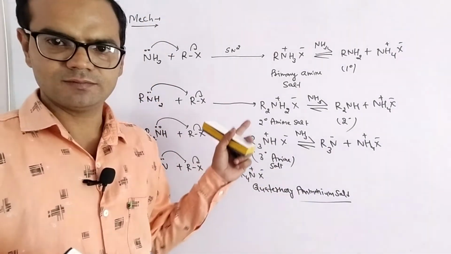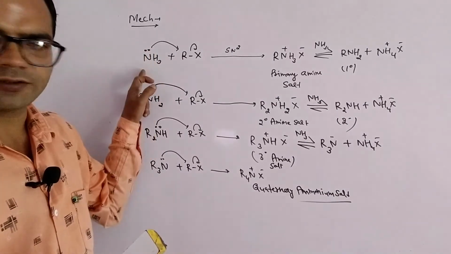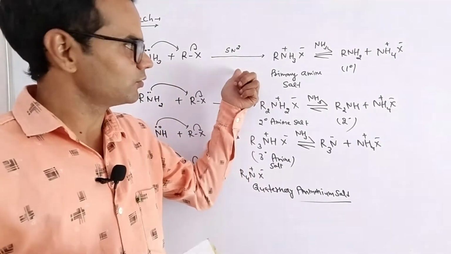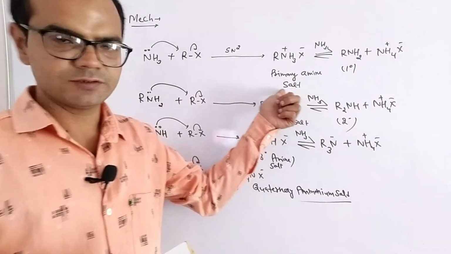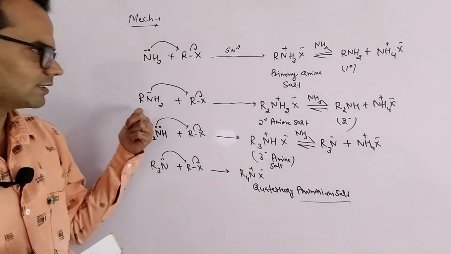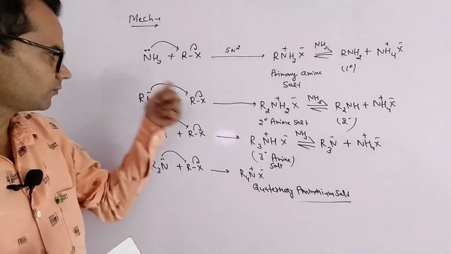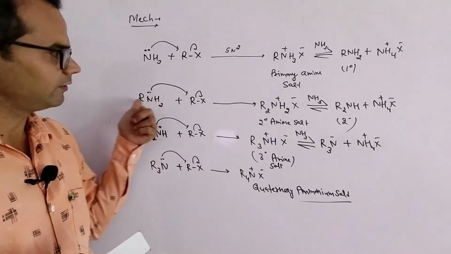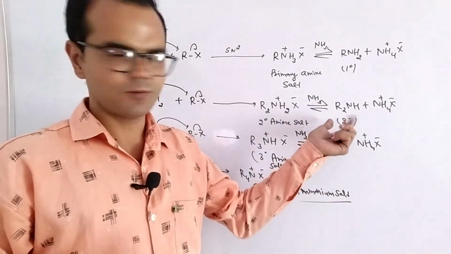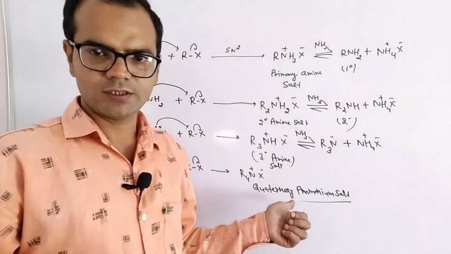So this is the mechanism initiated with the attack of a lone pair of nitrogen towards RX by SN2 mechanism. We obtain primary amine salt, which further reacts with ammonia to give primary amine. Now in this step, lone pair of nitrogen acts as a nucleophile and it will attack another molecule of RX. So second step is repeated again, we obtain secondary and so on, tertiary and quaternary.